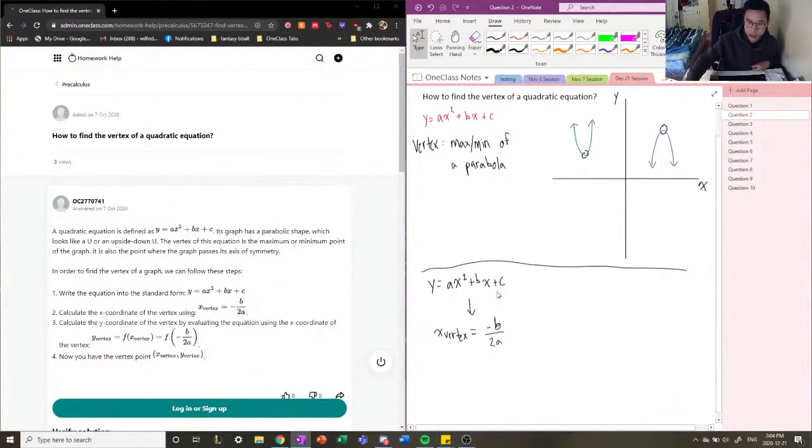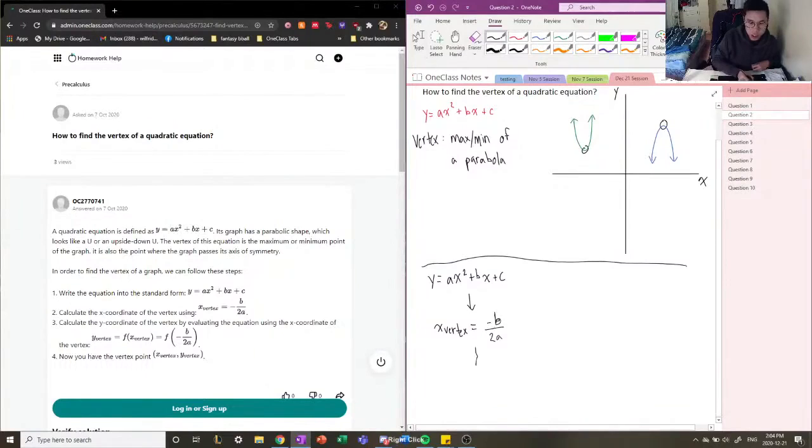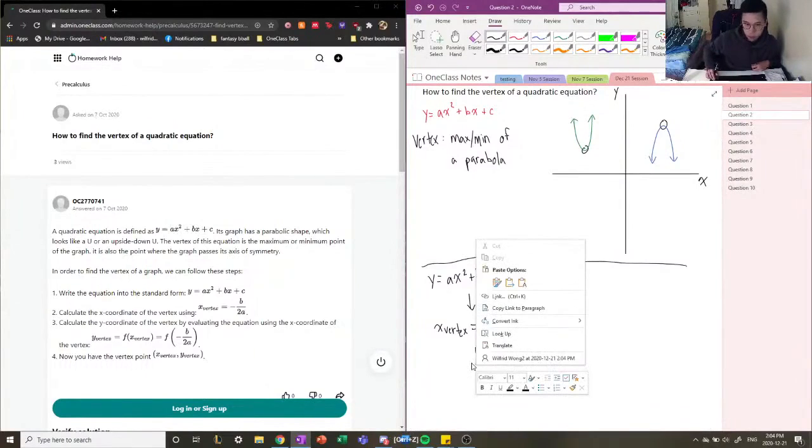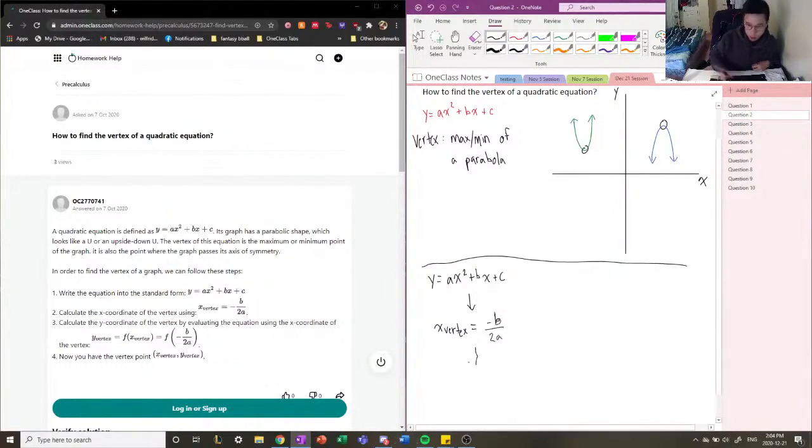So once you find the x-coordinate of the vertex, you can plug the x-coordinate into your function. So we're going to try to find the y-coordinate of the vertex by plugging the x-coordinate of your vertex into your function. So you'll have a times x vertex squared plus b times x vertex plus c.